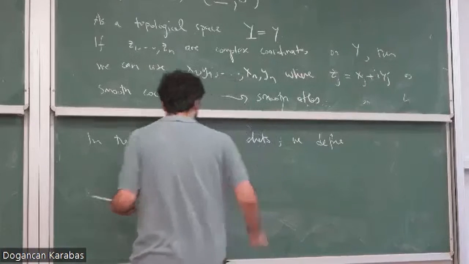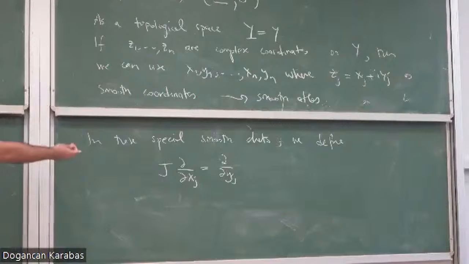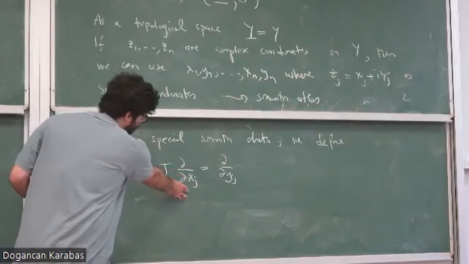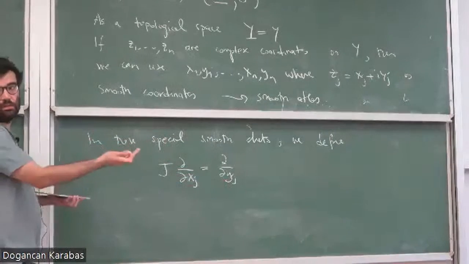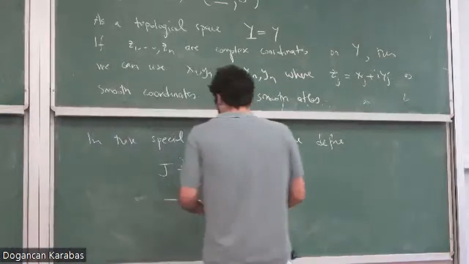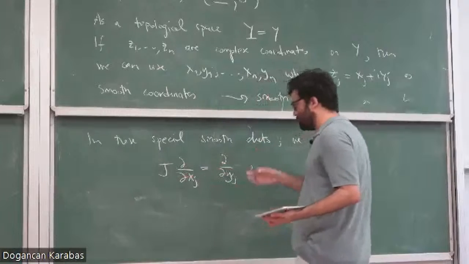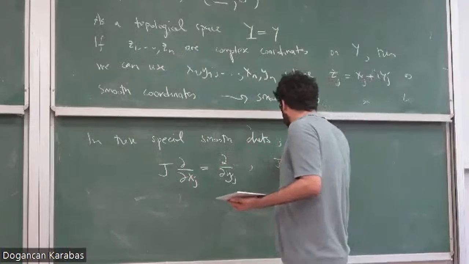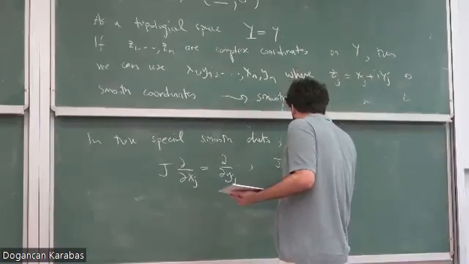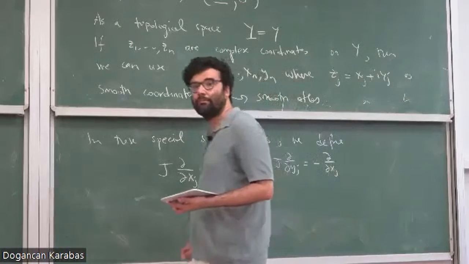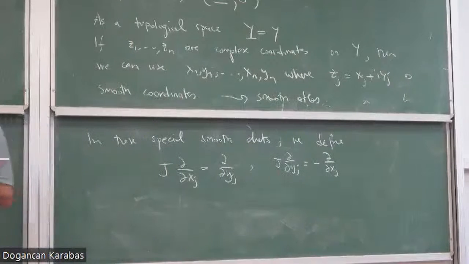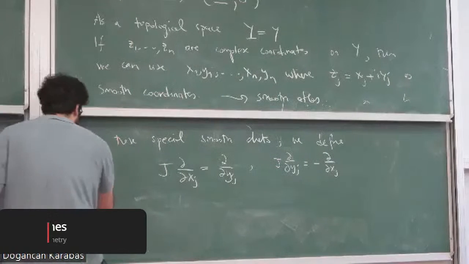The operator is defined to take this tangent vector to d/dy_j, whenever it's defined, on this coordinate chart. And I also want J squared to be -1, so I'm forced to define J of d/dy_j as minus d/dx_j.